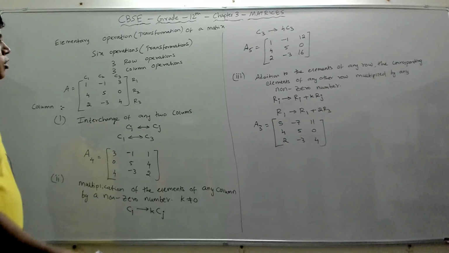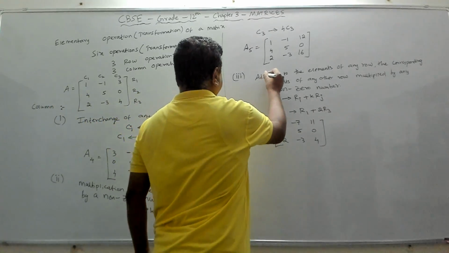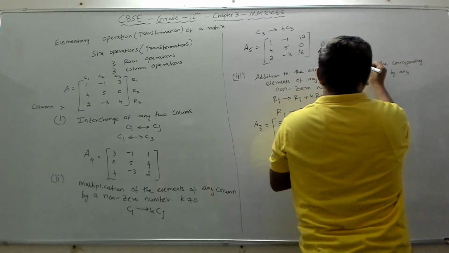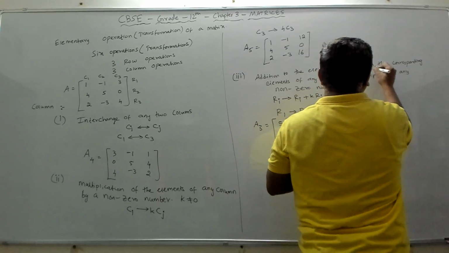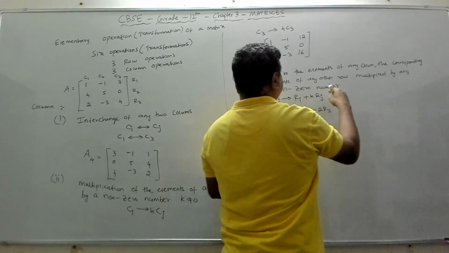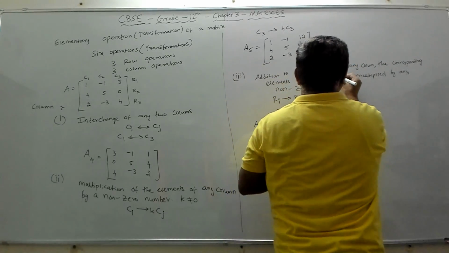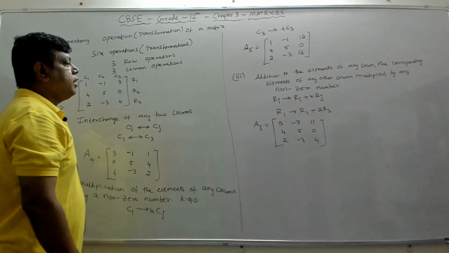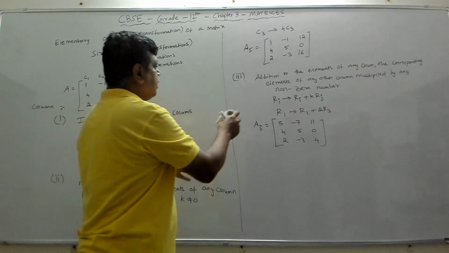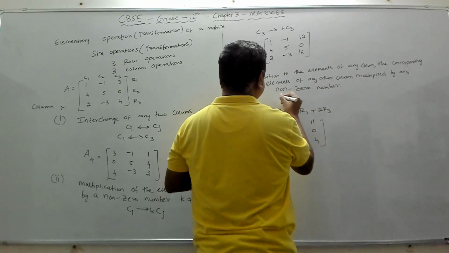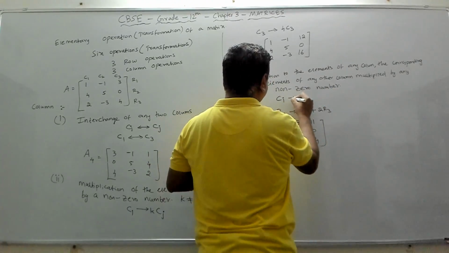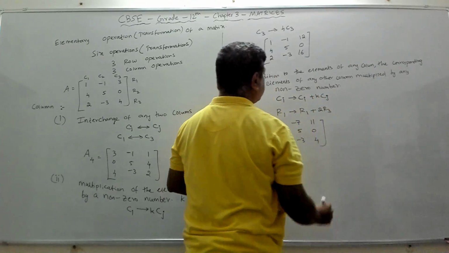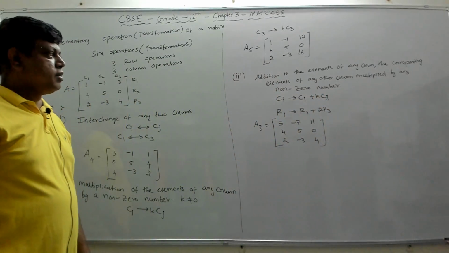Right? Now the third one is addition of elements of any column, the corresponding elements of any other column multiplied by any non-zero number. So symbolically, we'll write Ci implies Ci plus k times Cj.